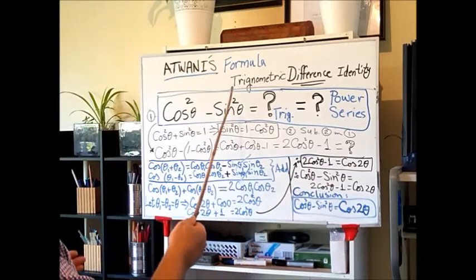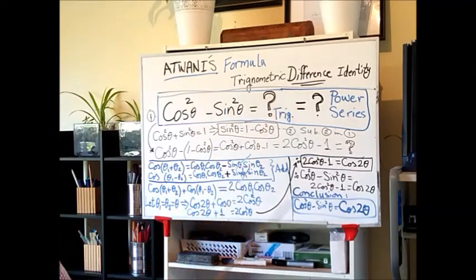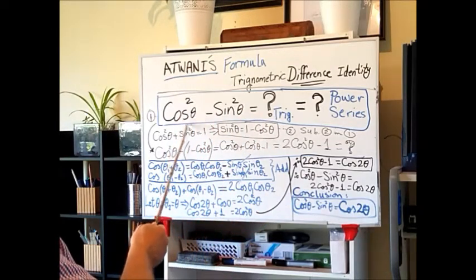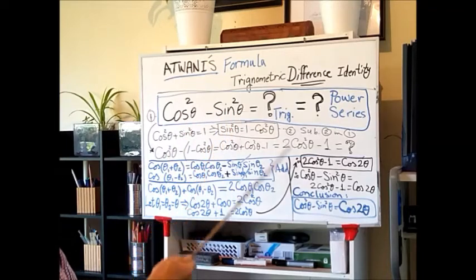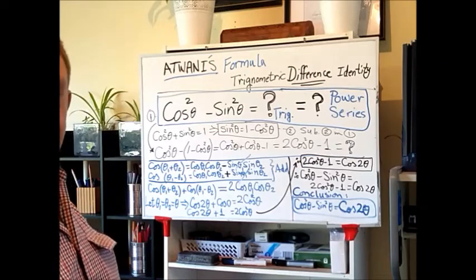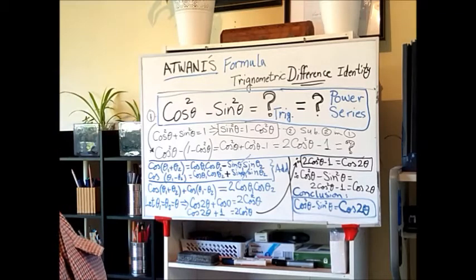So Atwani's trigonometric formula for the difference will be given by cos square theta minus sine square theta equals cos 2 theta, which is concluded here. Okay, next we will show how this has also been related to power series.